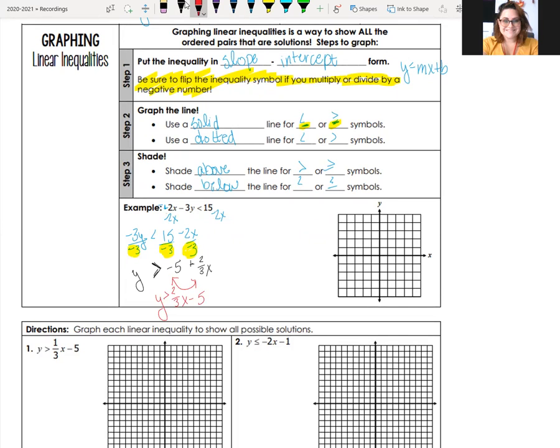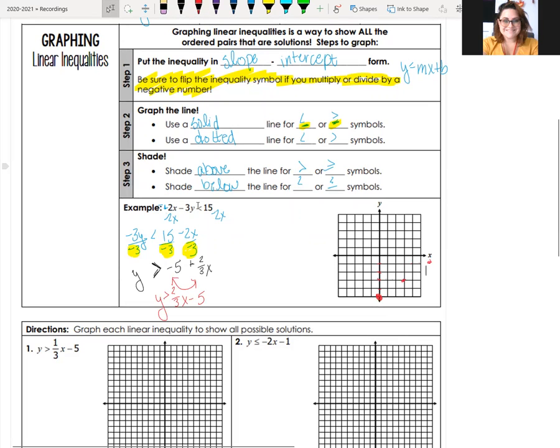And graphing, we need to go down to 5. 1, 2, 3, 4, 5, and put a dot. And then this says go up 2 over 3. Up 2 over 1, 2, 3. Up 2 over 1, 2. I can't go over 3, but it would be somewhere right there.